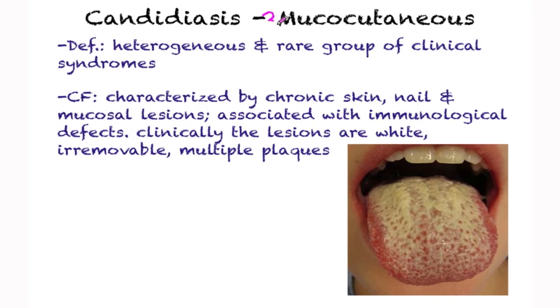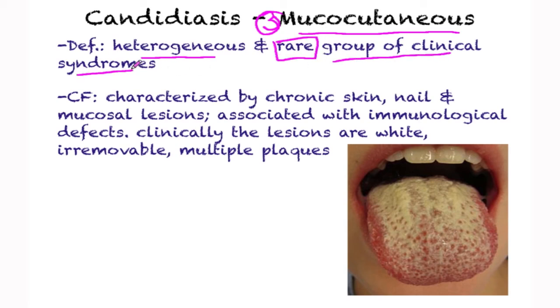The third and final type of white lesion candidiasis is the mucocutaneous. It is a heterogeneous and rare group of clinical syndromes. The clinical features are chronic skin, nail, and mucosal lesions.